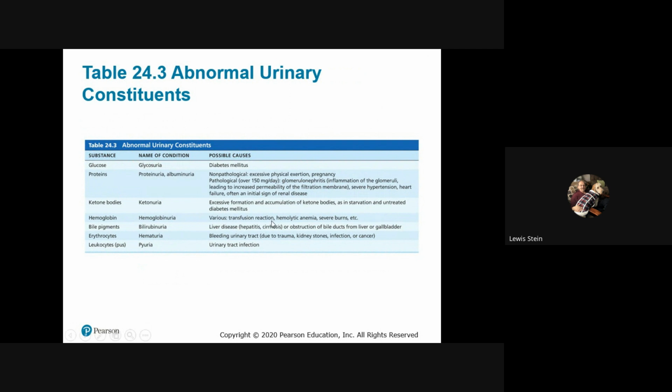Hemoglobin, any types of things that we could see there, hemolytic anemia. Again, if you're frank blood, like I had, is almost always bladder cancer. Because normally hemoglobin is something you tell dipstick wise or discoloration. Bile, okay, hematuria, again, that's the one I had, unfortunately. It could be any of these. And urinary tract infection because it's pus.